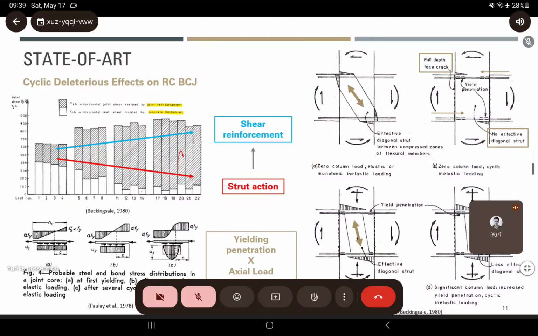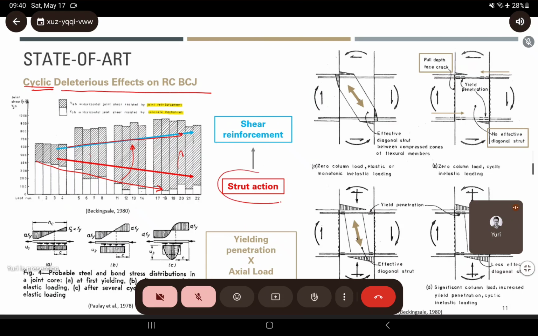And here is the effect of the cyclic loading. Whenever the joint starts to go through an elastic cycle, the concrete from the strut starts to crack and its strength is decreasing. Whenever the joint core is cracking, there is a shift into the resistance to the hoop action, governed by the truss action.